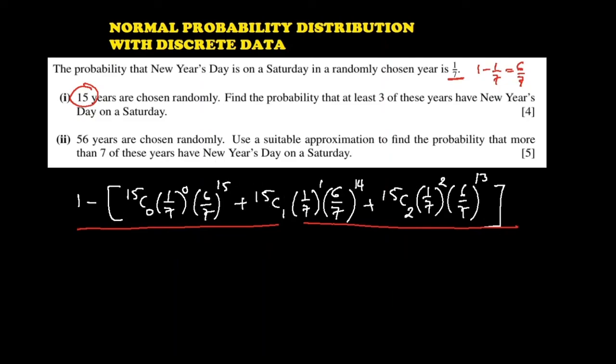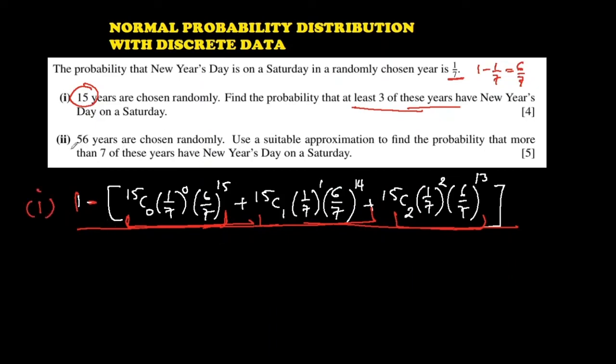So I just wrote it in advance to explain to you that from 100% probability, I subtracted the probability that none of the 15 years have a Saturday on the 1st January, and 1 year out of 15 and 2 years out of 15. They are removed, so it will become at least 3 of the years have first day as Saturday. So this was the answer of the first one. Just put this in a calculator, you get the answer.